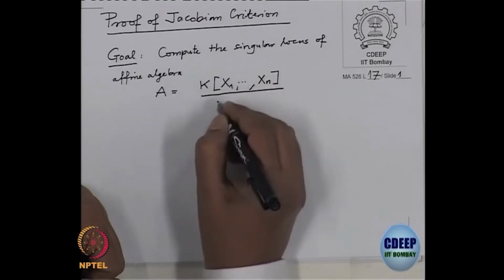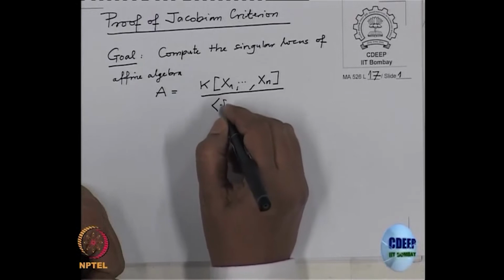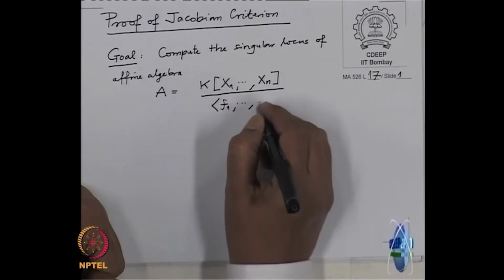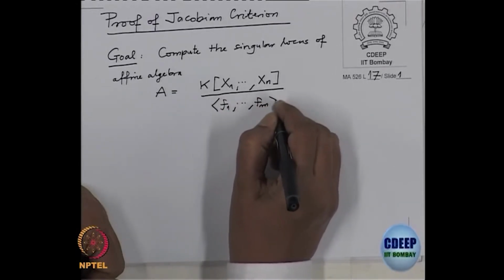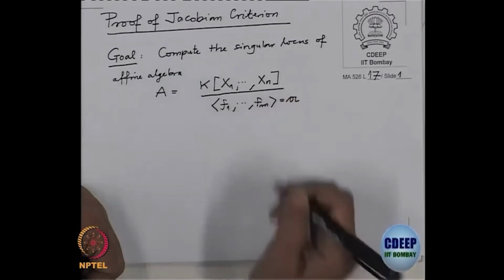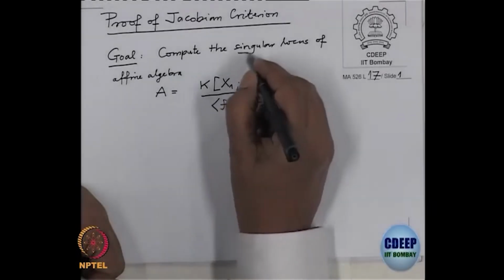The ideal is finitely generated, therefore it is generated by some m polynomials. And what does one mean by singular locus?